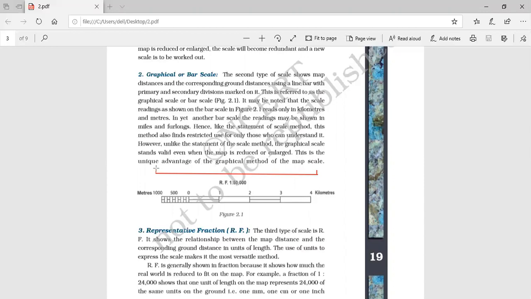Okay, first join these two corners. Please make sure the length of the scale depends upon the question, but the width is always 0.5 centimeter. Moreover, we have to divide this 0.5 again into two parts, so it will be 0.25, like this.